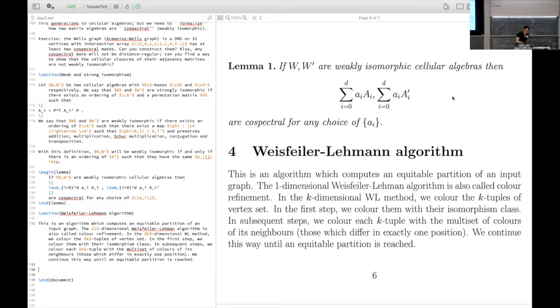So there's a result of Dell, Grohe and Rattan in 2018 that if this is the same, but not for all possible graphs F, but for those of tree width at most k, then the Weisfeiler-Lehmann algorithm of dimension k will not distinguish the graphs.